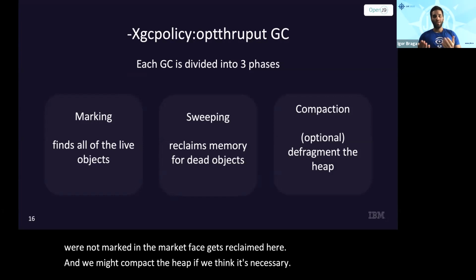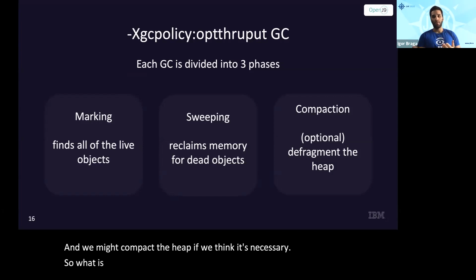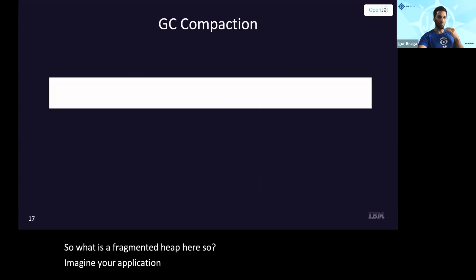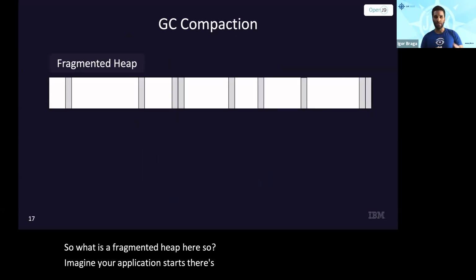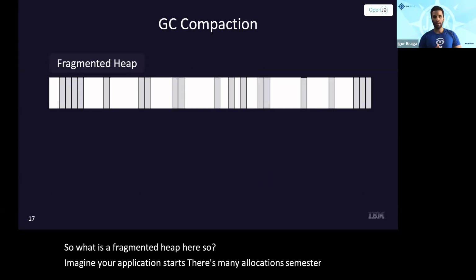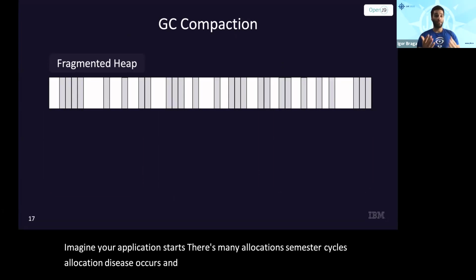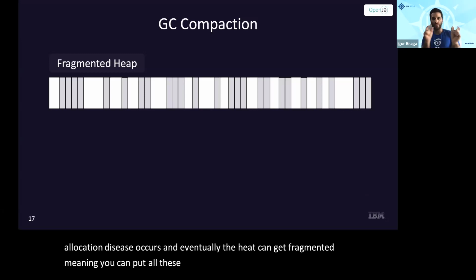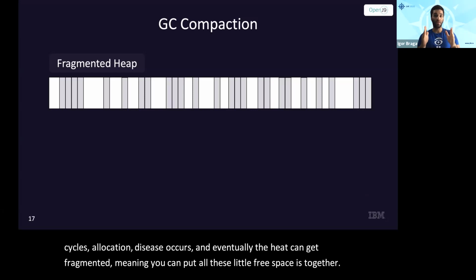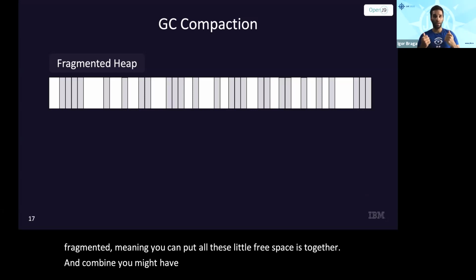So what is a fragmented heap here? Imagine your application starts, there are many allocations, some GC cycles, allocation, GC cycles, and eventually the heap can get fragmented, meaning you can put all these little free spaces together, and combined, you might have enough space to allocate an object.